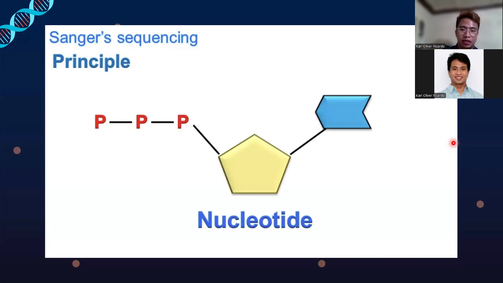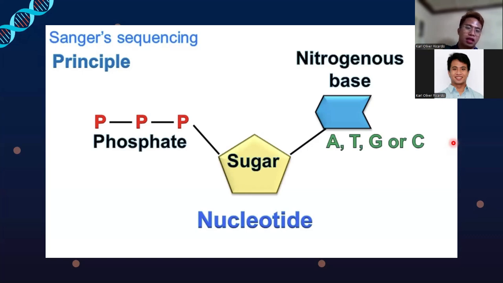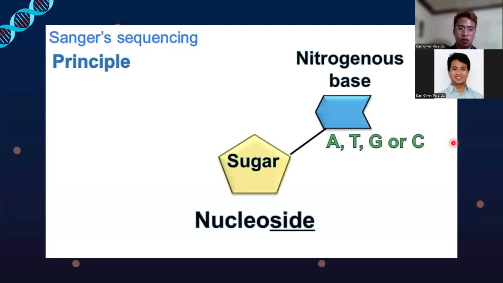So, yung nitrogenous base natin, we can have either A, T, G, or C. Okay? So, for example, if yung phosphate natin is absent, then it is now called a nucleoside. Kapag nawala na po yung phosphate group natin kanina, matatawag na natin siya, instead of nucleotide, magiging nucleoside na.